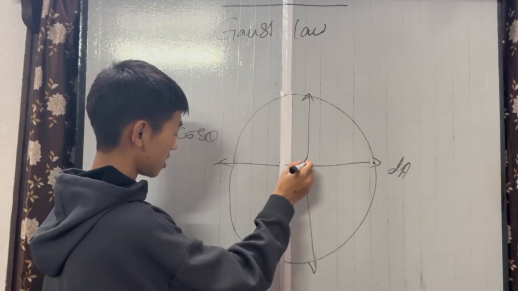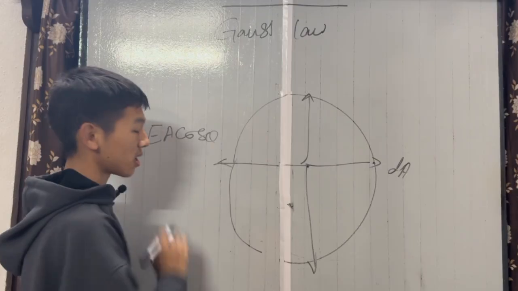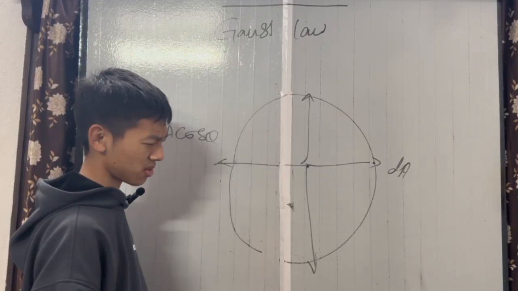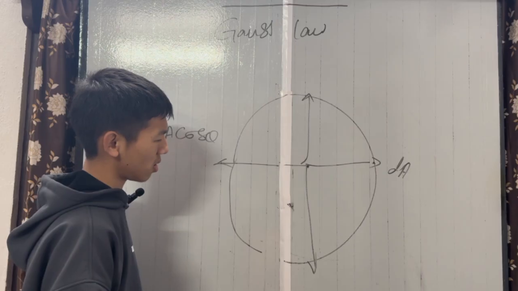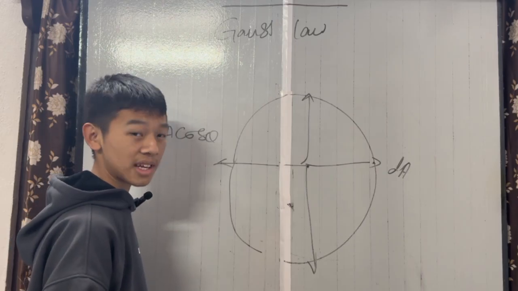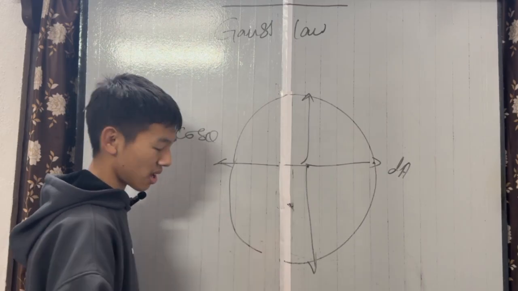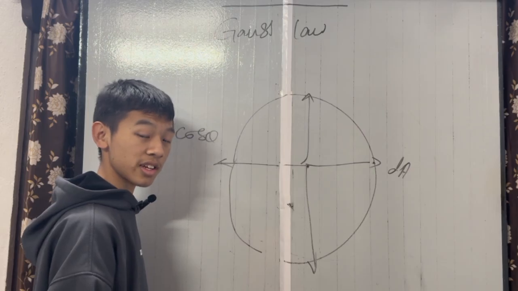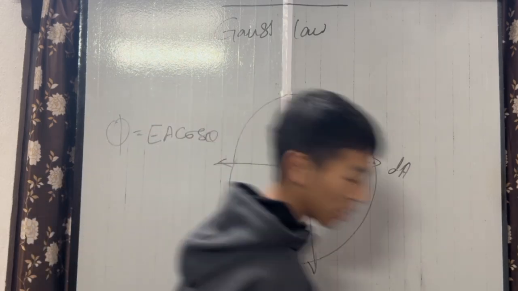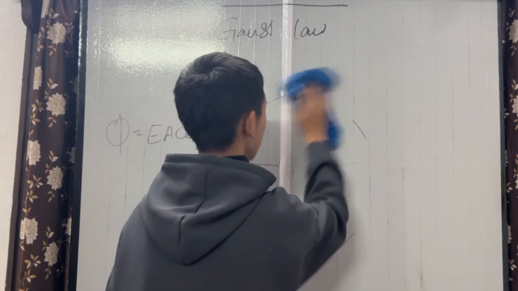The electric field will remain constant, but the area is very small. So how do we find the flux here? We integrate.